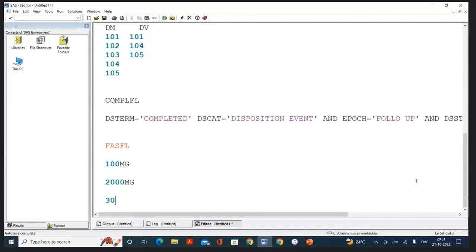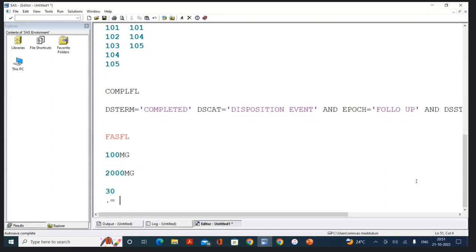If any subject successfully completed at least 15 cycles, if the visits are greater than or equal to 15, then I'm going to consider that subject for full analysis set. So it can be number of visits, it can be total dose, cumulative dose. So it can be anything. Based on that, we are going to decide whether a subject is in the full analysis set or not.